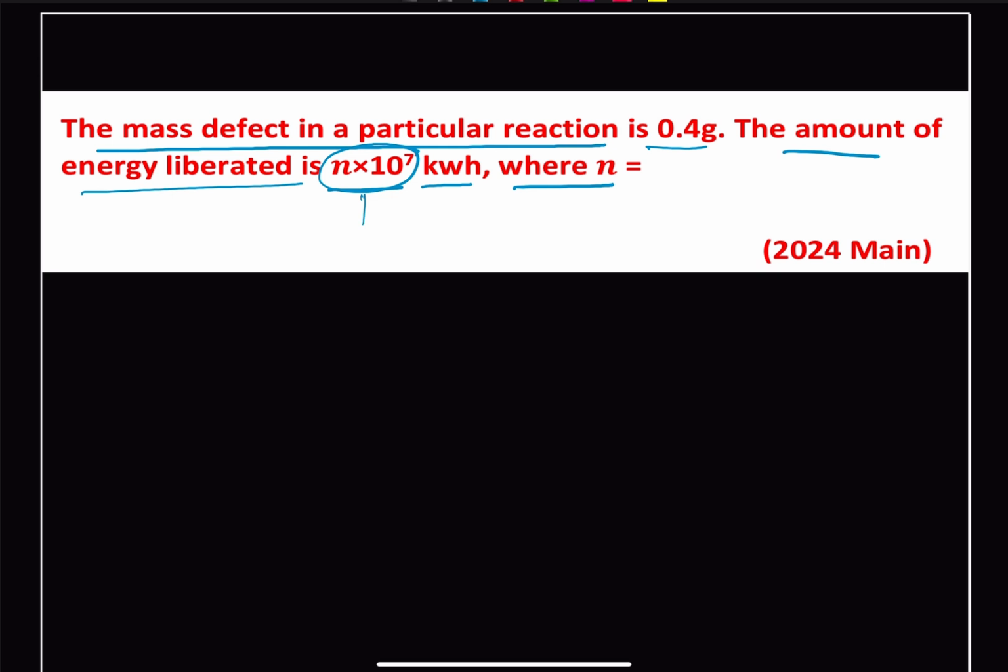From there we can find out the value of n. And in order to find out energy, we are going to use our mass defect.